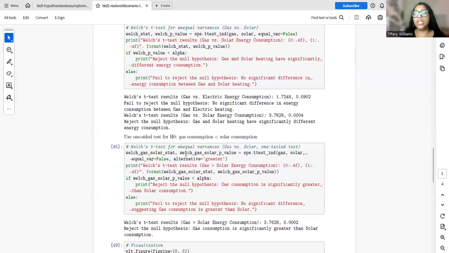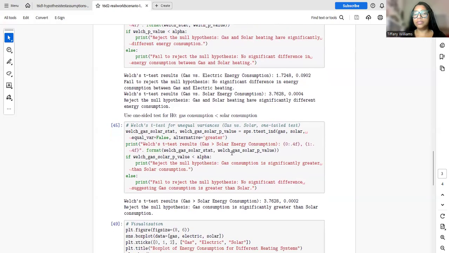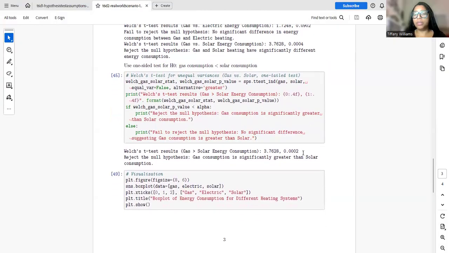And as you see here in the test parameters, we have alternative equal to greater. So our alternative hypothesis is that gas consumption is greater than solar. As we run the test, we get a p-value of 0.02, which confirms that gas consumption is significantly greater than solar.